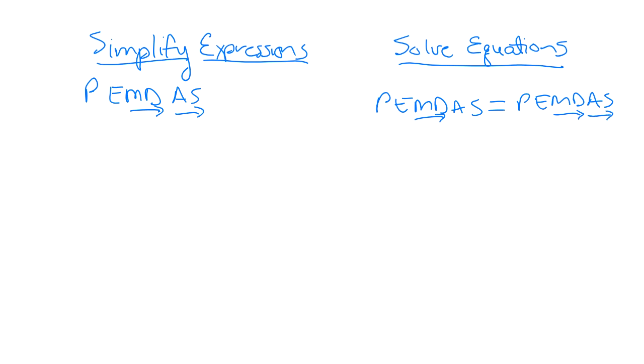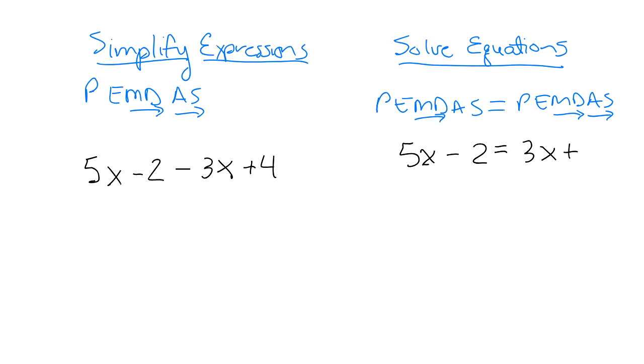An example of an expression may be something like this: 5x minus 2 minus 3x plus 4. Whereas the equation may look like 5x minus 2 is equal to 3x plus 4.